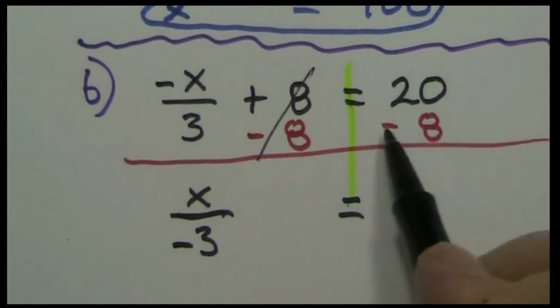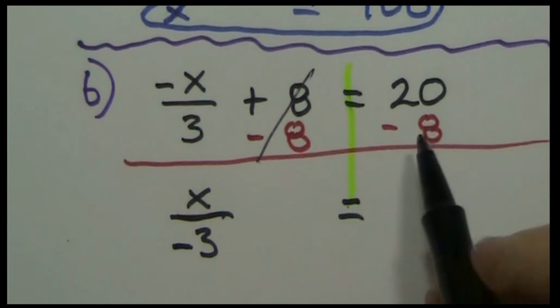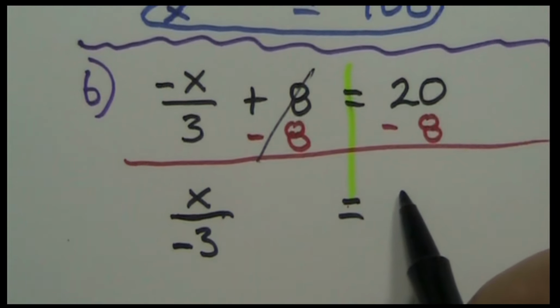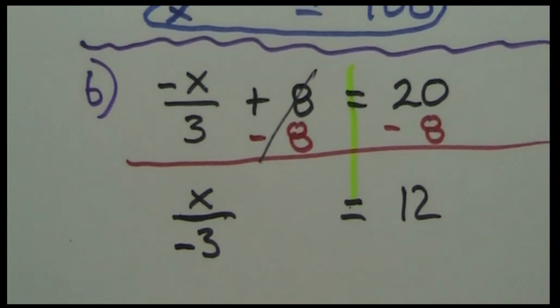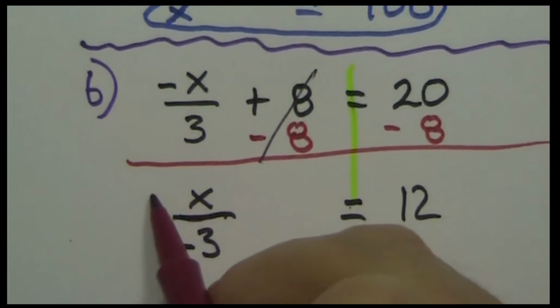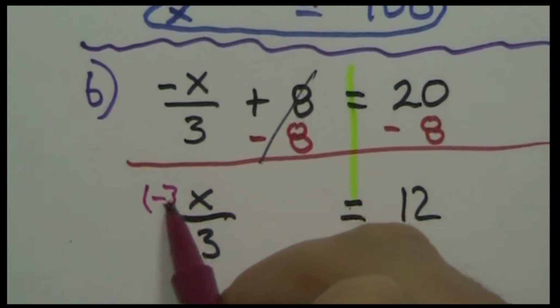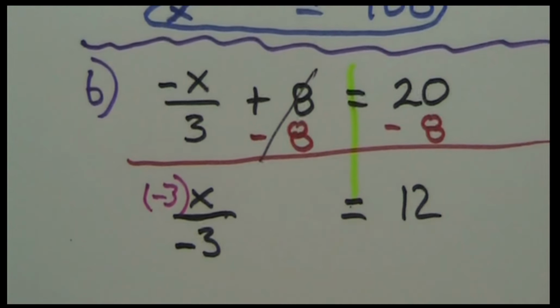Then we have 20 minus 8. Well, 20 minus 8 is 12. All right, to get rid of the negative 3, it's divide by negative 3, so I'll do the opposite. I will multiply by negative 3.